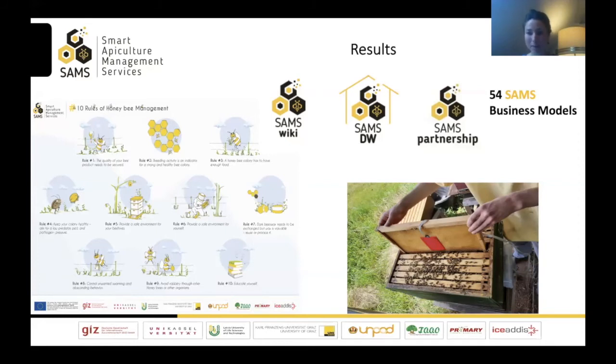It was set up to sustainably store all the project results. Another result is the SAMS data warehouse and the SAMS partnerships. And furthermore, within the project, we developed 54 SAMS business models, which you can also visit and see on the SAMS website and on SAMS Wiki.